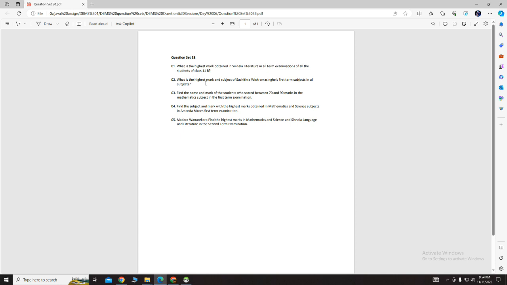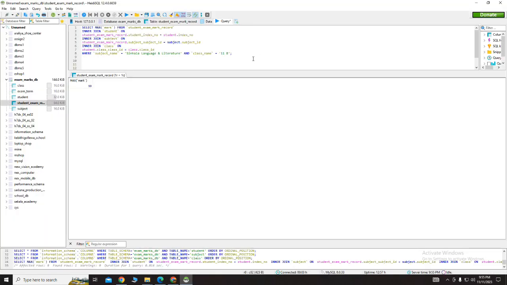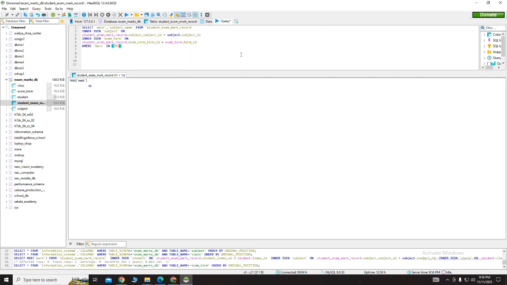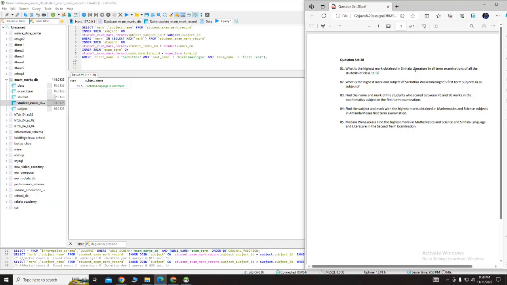The second question says, what is the highest mark and subject of Sachitra Wickramasinghe's first term in all subjects? For the second question, to find the highest marks and subject name, we have to use a subquery.